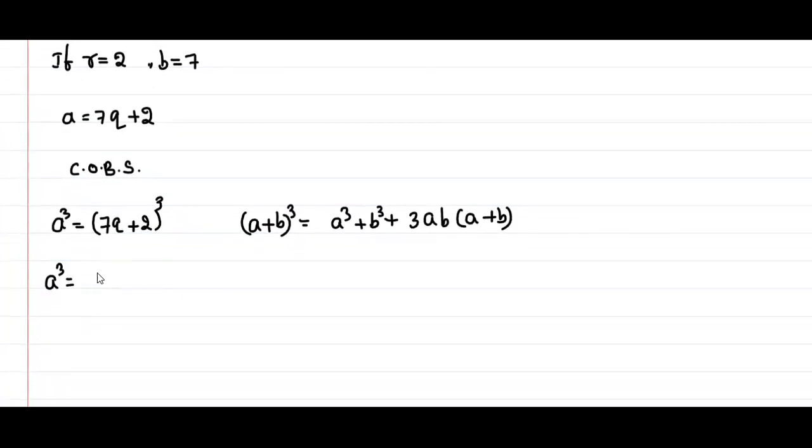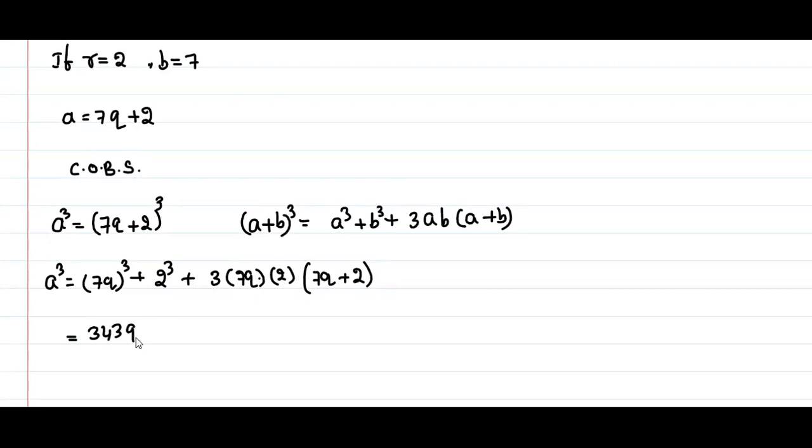So here the cube is 7q whole cube, plus b cube, which is 2 cube, plus 3 into 7q into 2 of a plus b, where a is 7q and b is 2. That equals 343q cube plus 2 cube, which is 8.